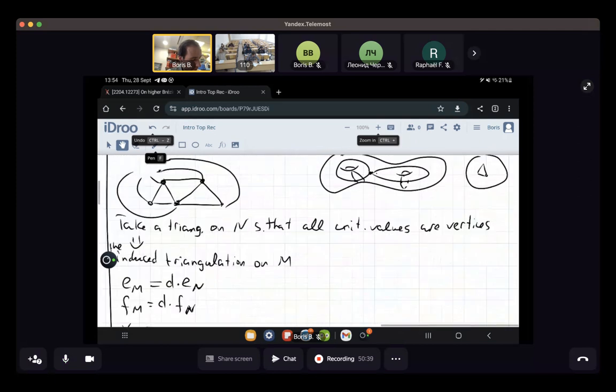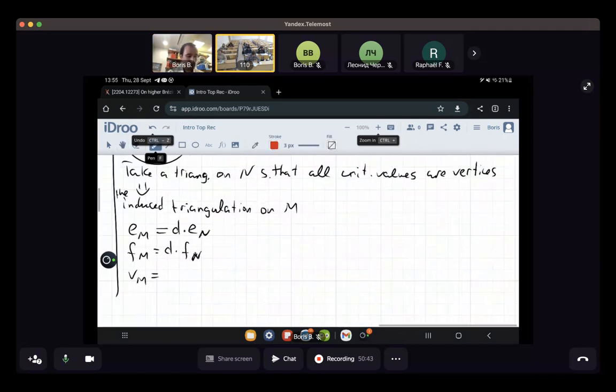So we will have D times (V_N minus k), because all ordinary points have D preimages, and there are V_N minus k such points, plus these numbers m1, m2, etc., which are exactly the numbers of preimages.